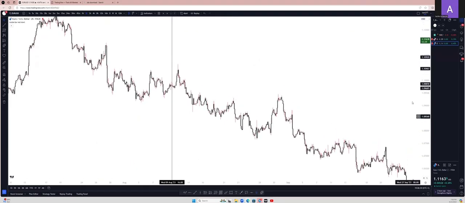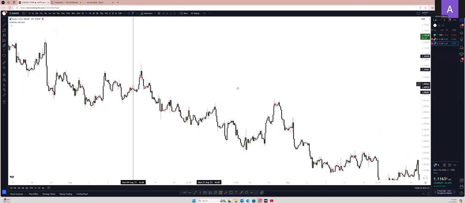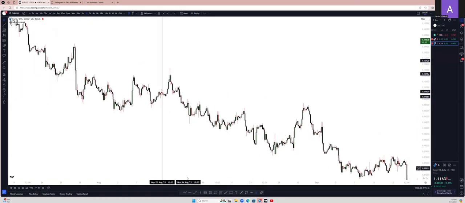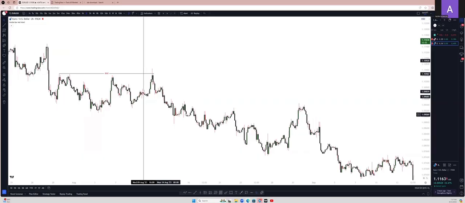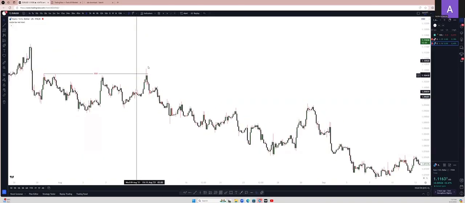Look at what I'm saying now. If you look at this particular level, this is the level of liquidity. And what happened here? Liquidity grab. You know, I explained liquidity grab in liquidity one. So obviously, this is a liquidity grab. And where is the candle that actually sought that liquidity?